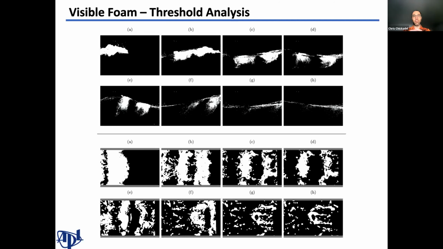So you can see these upper panels and lower panels show the side view, the bubble plume as it's developing, and bubbles are rising, and that bubble plume is dissipating from top left to bottom right. This is the thresholded image, and likewise, the corresponding surface residual foam and active foam as it's evolving through time.